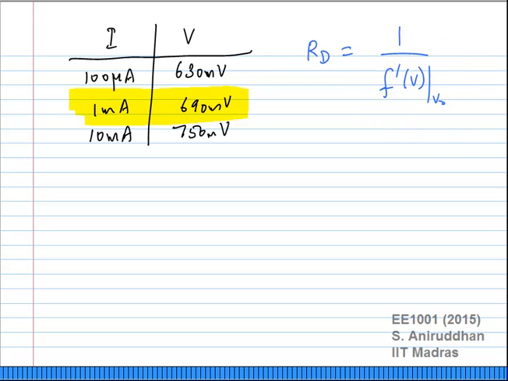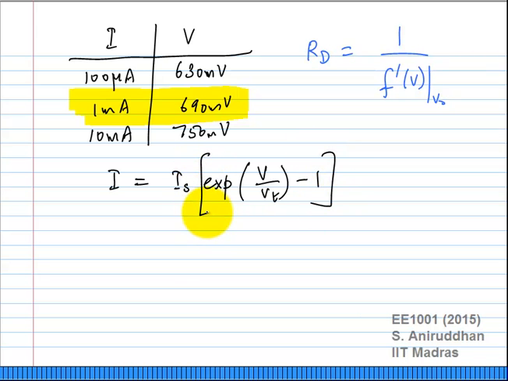I need to figure out RD. So this is exponential V by Vt minus 1. Okay, and there are two things I know.